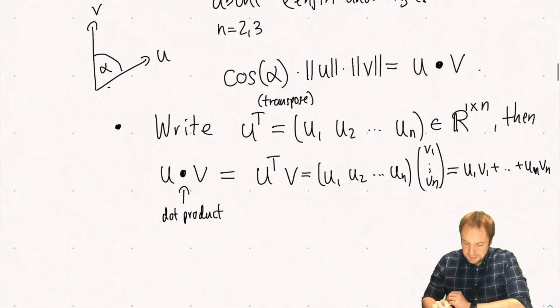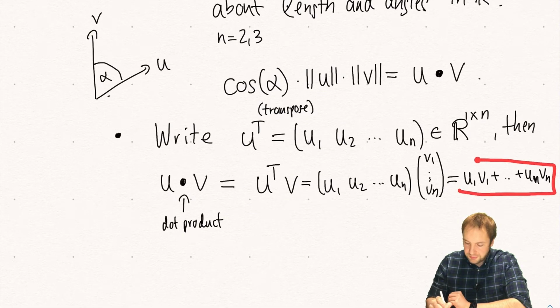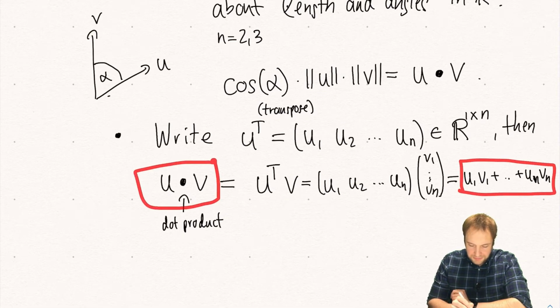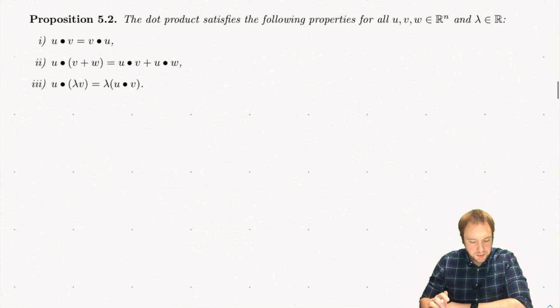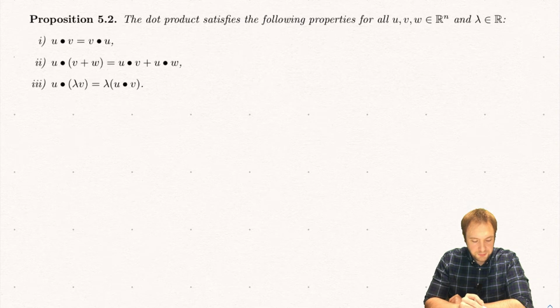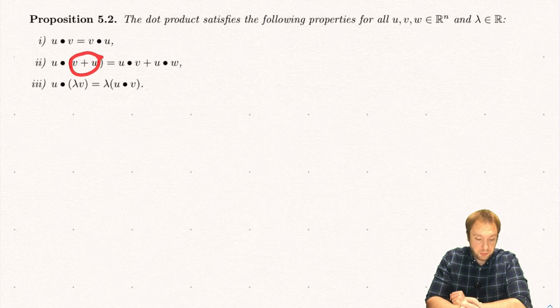But this is clear by definition, because the order here doesn't matter, because the product here is commutative. And then the second statement is that if I add two vectors, v plus w, which gives a vector, and then take a dot product with another vector u, then this is the same as first taking the dot product of u and v plus the dot product of u with w.